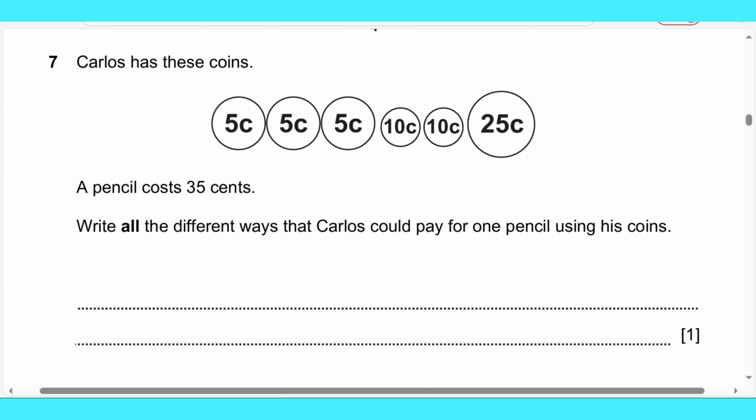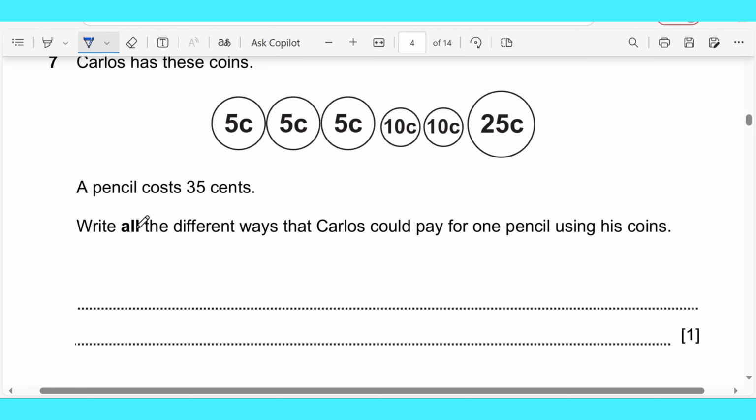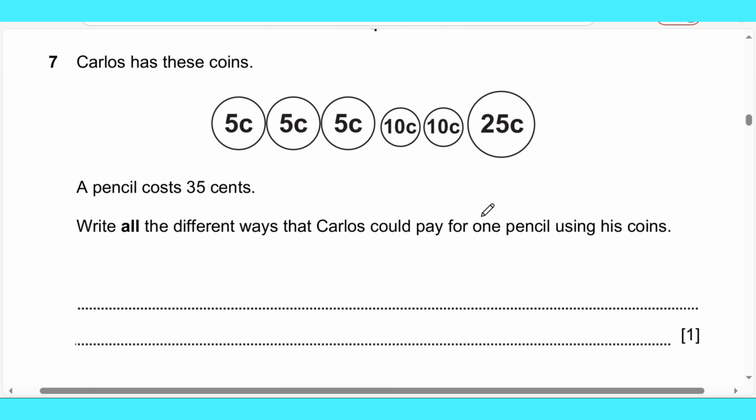Number 7, Carlos has these coins: 5 cents, 5 cents, 5 cents, 10 cents, 10 cents, 25 cents. A pencil costs 35 cents. Write all the different ways that Carlos could pay for one pencil using his coins. So what's your answer, guys?